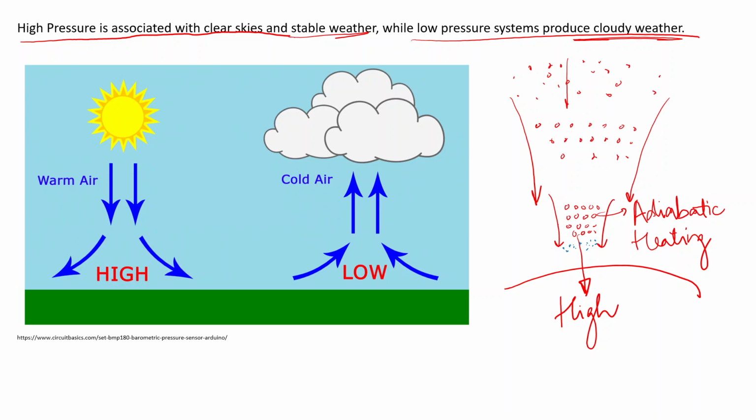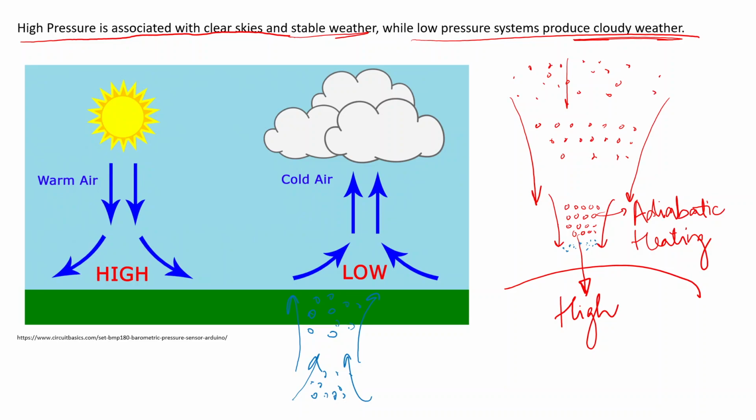But in case of rising air, as this air starts to rise up, the closer molecules of air start to go far from each other. They become rarefied. As the air goes up, it starts to expand.